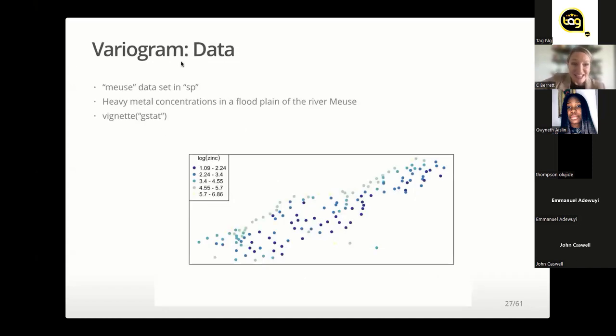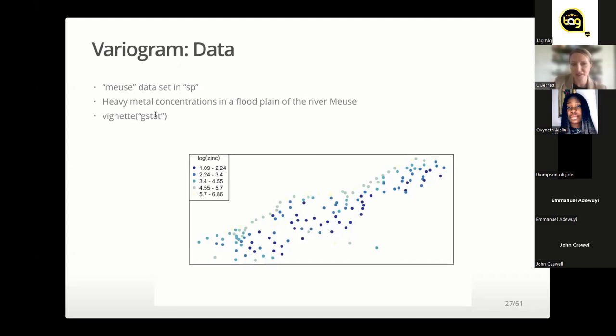So this data set that we're going to look at is the meuse data set in the package sp. It contains measurements of heavy metal concentrations in a floodplain of the River Meuse. There's a nice vignette about kriging or prediction and computing variograms and directional variograms in the gstat package.